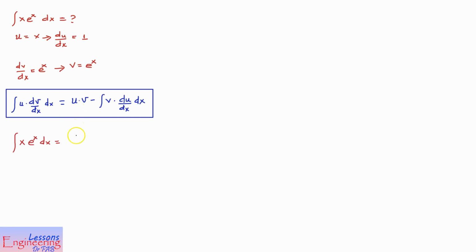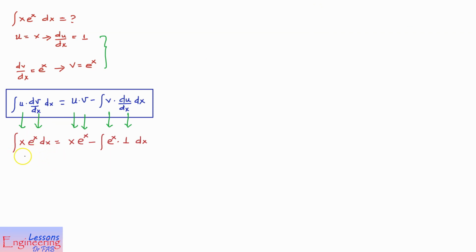That equals u, which is x, times v, which is e raised to x, minus integral of v, which is e raised to x, times du by dx, which is 1, dx. So what we were doing was just relating this in terms of the defined variables based on that assumption. Okay, so this is fairly easily solvable.